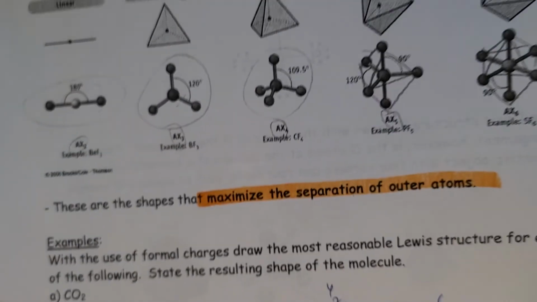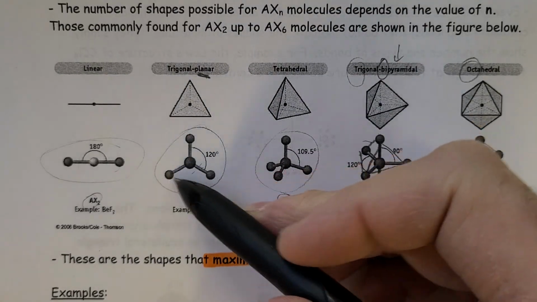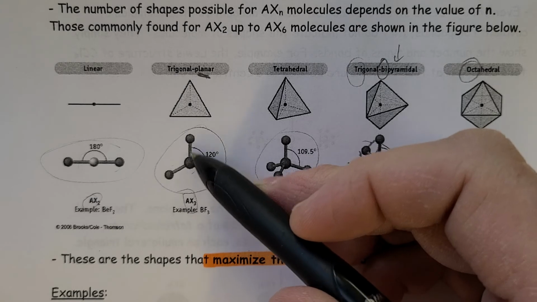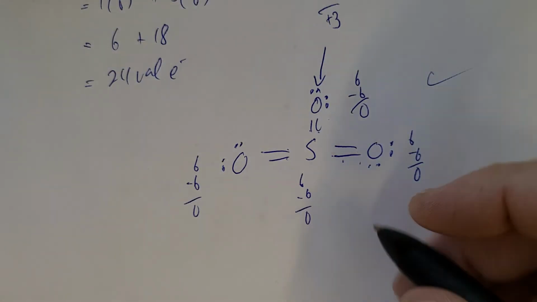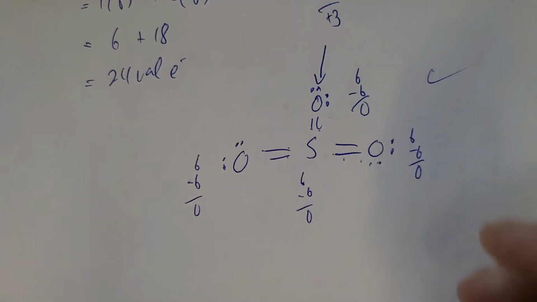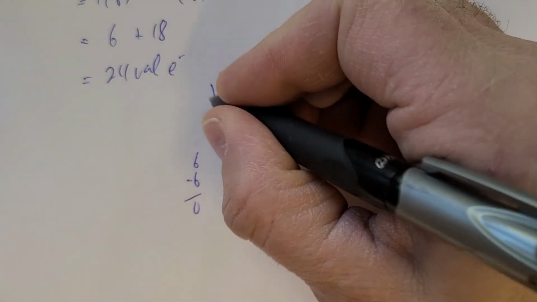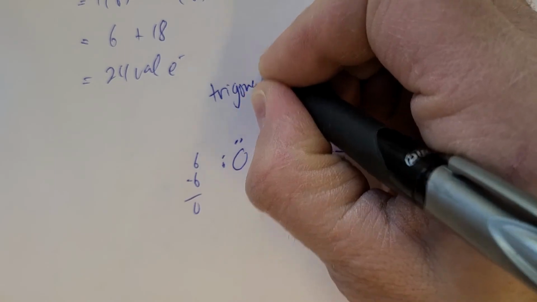1 bonded to 3. And if we go back here, those oxygens are going to repel each other a little bit. So more accurately, you could just leave it like this as long as you say that's going to be trigonal planar.